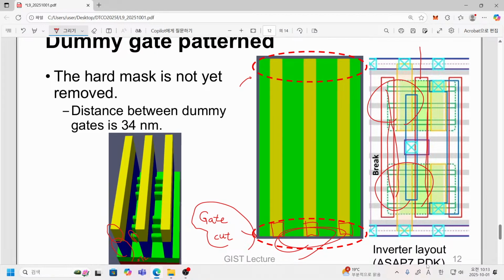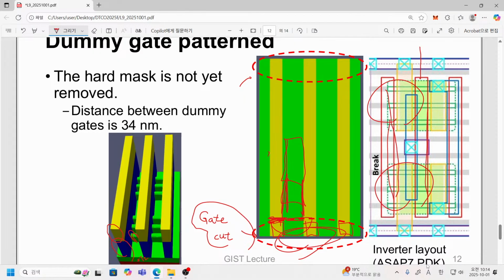And when you talk about the sidewall, if you just stop here, then what will happen? The sidewall will be made. Let's say this is the gate pattern, and if we stop here, this corresponds to the mandrel, then we will also have the sidewall covering in this way.